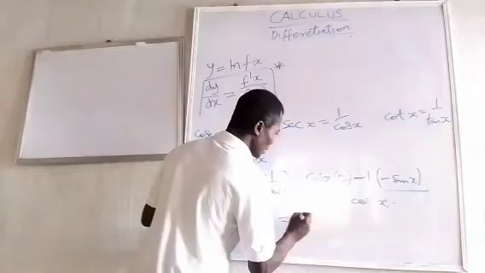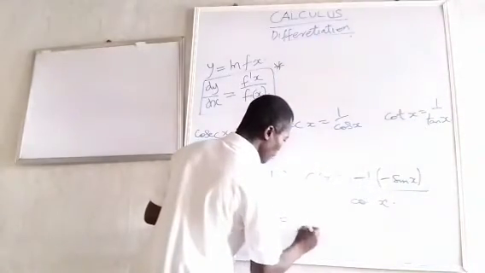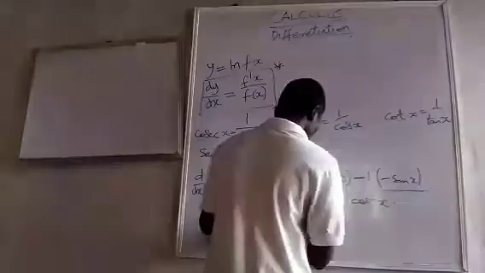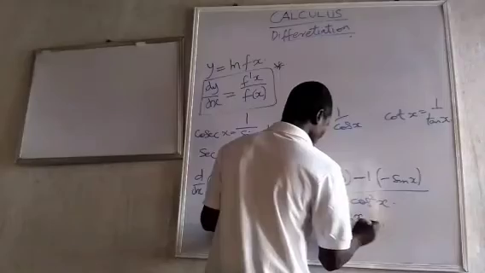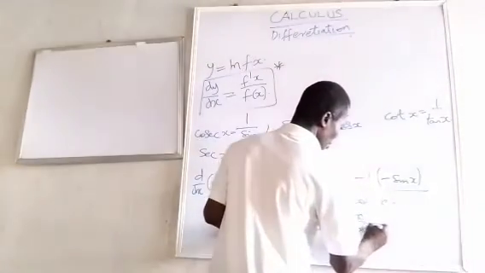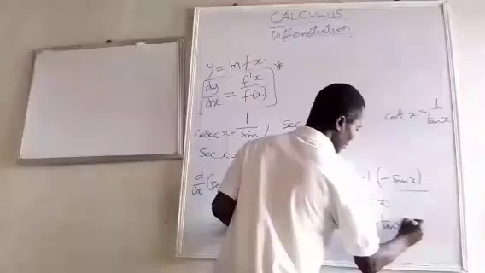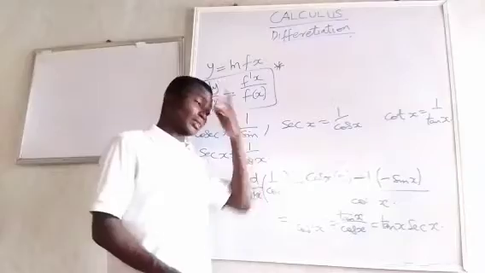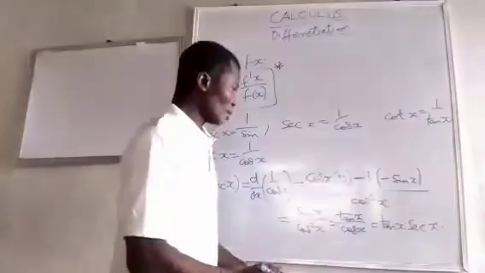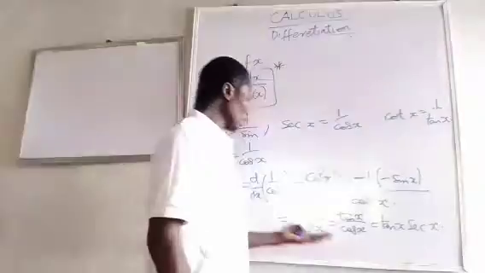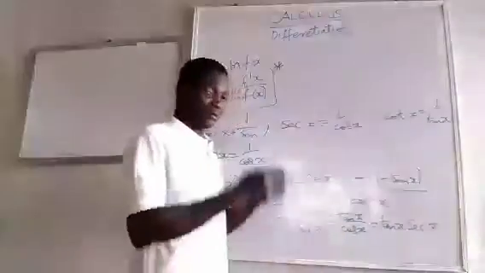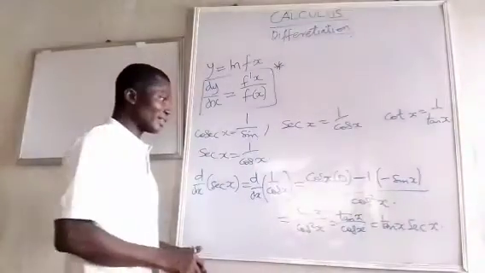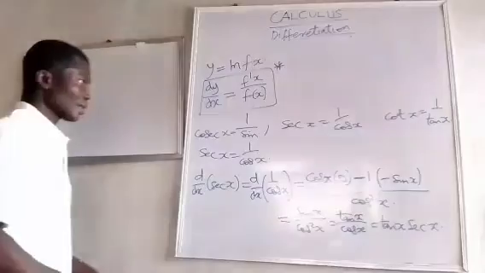So that gives sin x over cos square x. I can now express this as tan x over cos x, which is tan x sec x. Depending on how you want it, you might say sin x sec square x, whatever. So this is the result for this one. You can keep this one too, or just have the idea of how to derive it. It will make your work very easy. You can see that derivation is very easy.